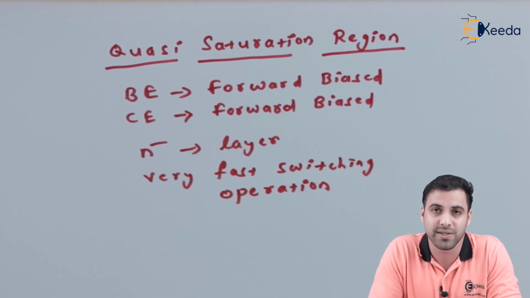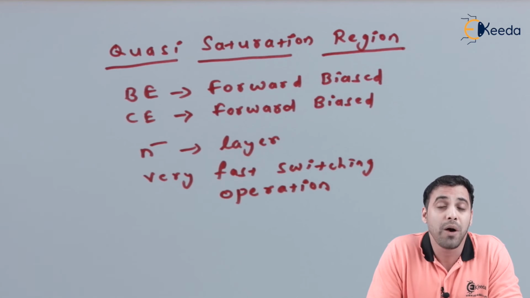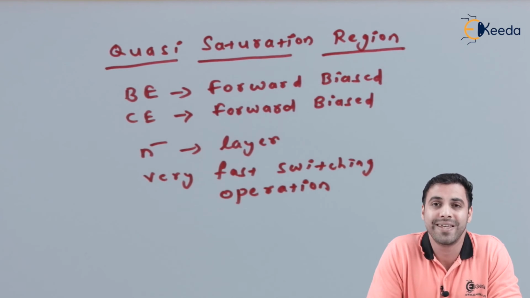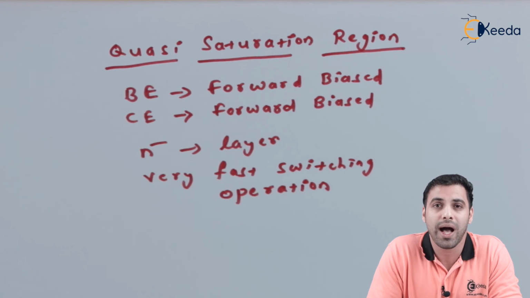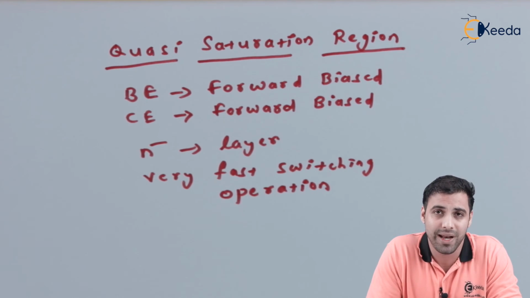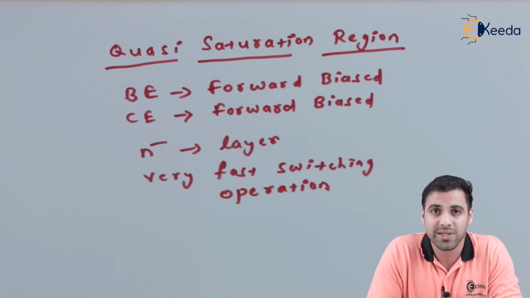All the operations of a power transistor are basically done in the quasi-saturation region because of the presence of the N- layer, also called an intrinsic layer, in the space charge region, which causes the space charge region to become thicker, and which allows the power transistor to block a high amount of electric voltage, making the power BJT suitable for very high frequency applications and very fast switching operation.